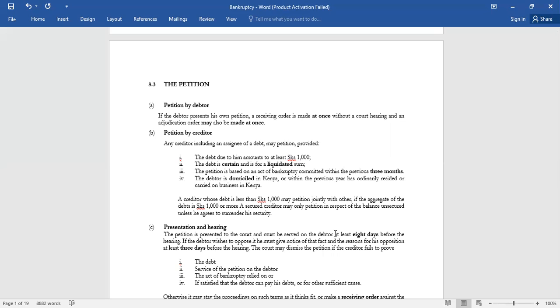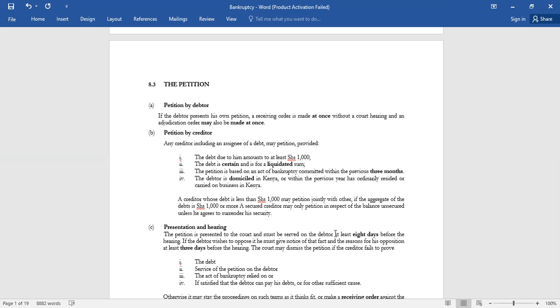Then we have the petition by the creditor, or the people who are owed. So any creditor, including an assignee of a debt, may petition, provided, and we've given these conditions, the debt owed is accumulating to 1,000 shillings, or the debt is certain and is for a liquidated sum.